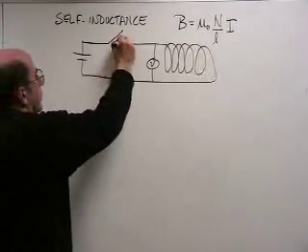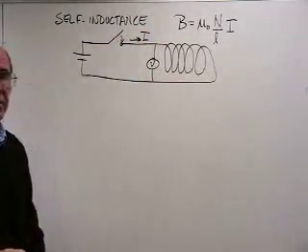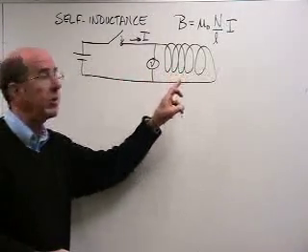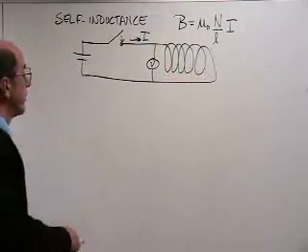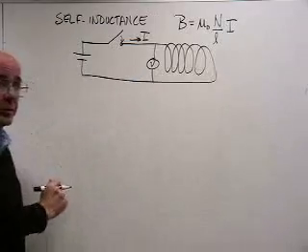So when we close the switch, we produce a current going through here. That current will produce a field, and if the field is changing, it's going to change the magnetic flux that goes through the coil itself. And that will produce an EMF that's measured on this voltmeter.